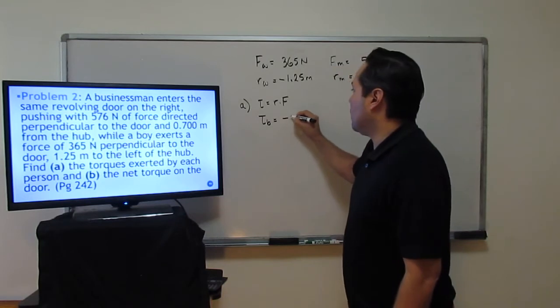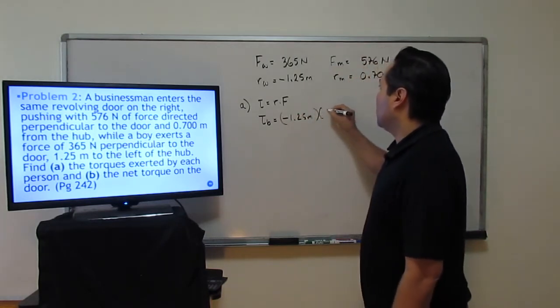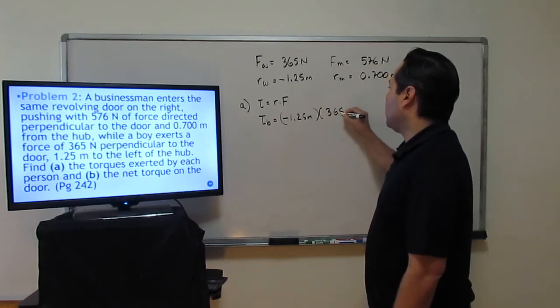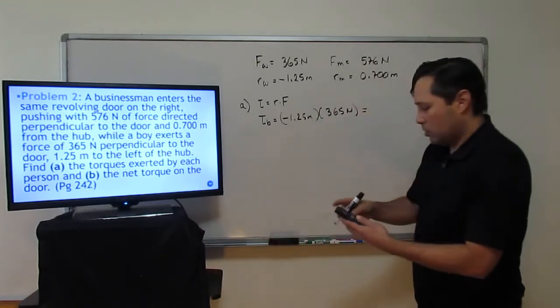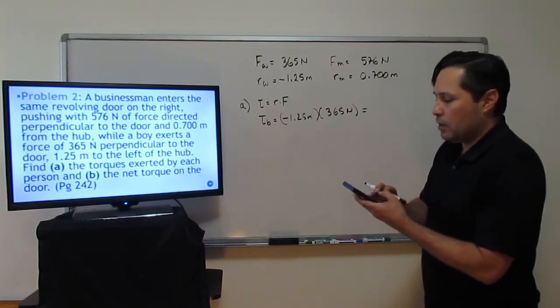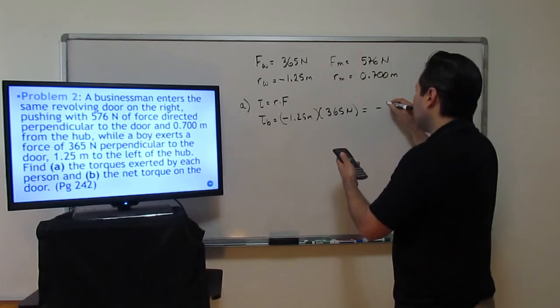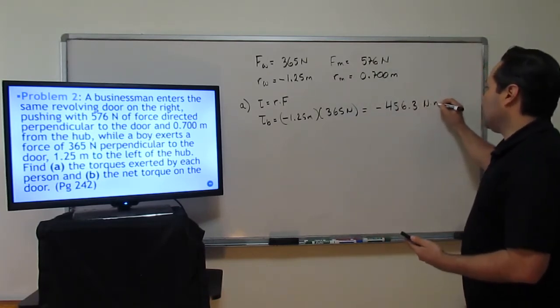It's equal to negative 1.25 meters multiplied times 365 newtons. All right, and that's going to give us the following answer. 365 times 1.25 gives us, we're going to round it up slightly, 456.3 newtons times meter.